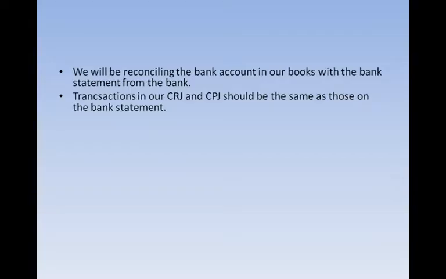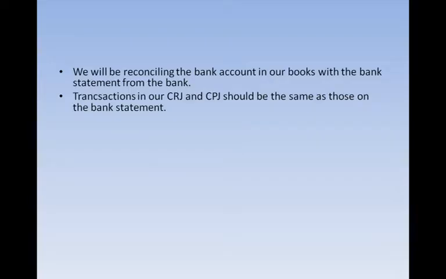So cash receipts journal is for all the cash that's coming into the company, and cash payments journal are all the cash payments made by the company, right? So cash receipts will be the positive of the bank, because we are recording all monies coming into the company, and cash payments journal is the negative.